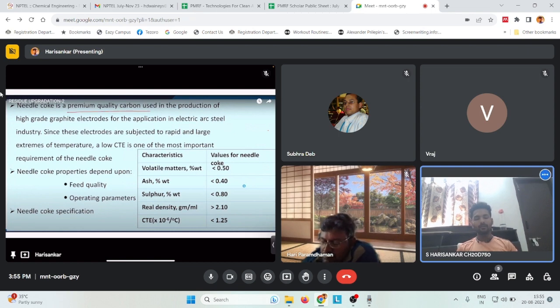Needle coke is usually of premium carbon quality and is used in the production of high grade graphite electrodes for industrial applications. This table represents some of the characteristics of needle coke, and we can see how good it is compared to sponge coke and shot coke.